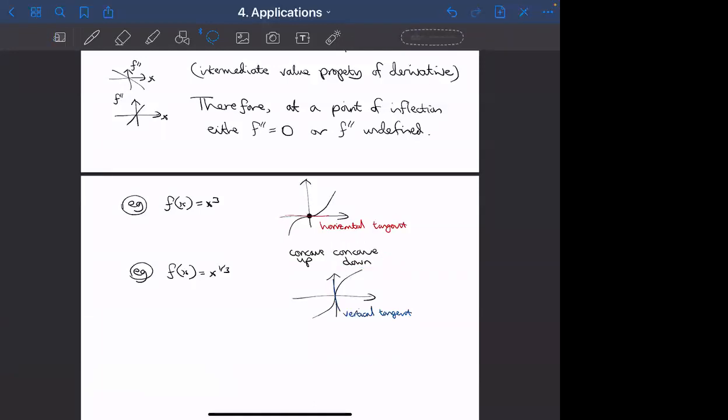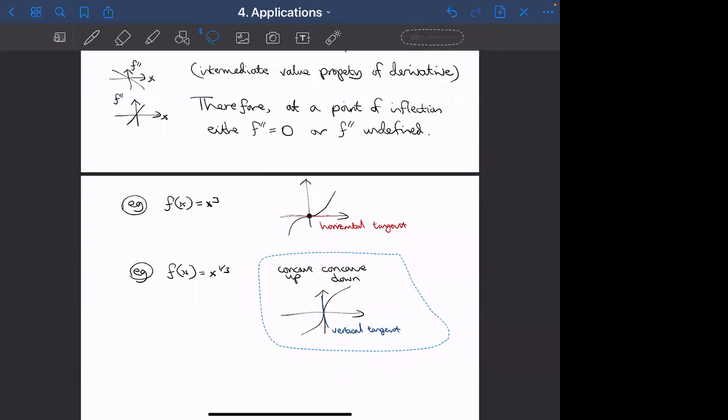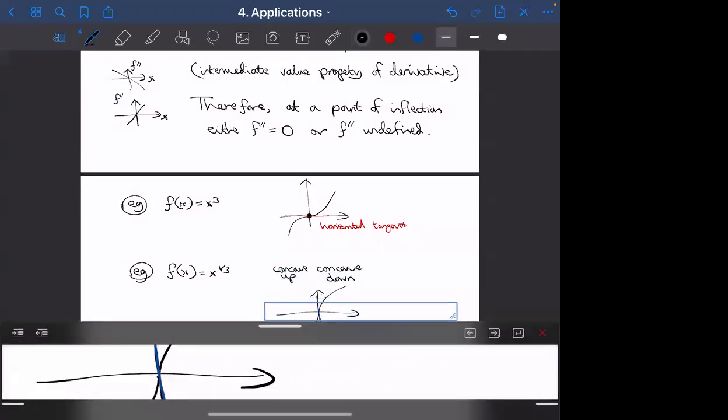And the same in this top example, but I won't write it down because we've said it a few times. But in both cases, we have a point of inflection, in a sense.